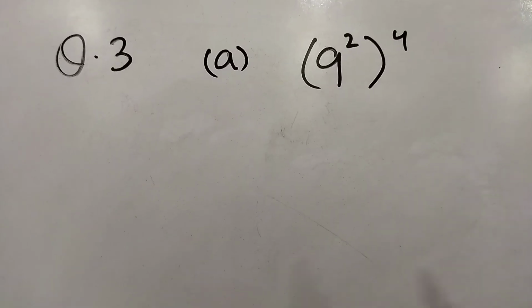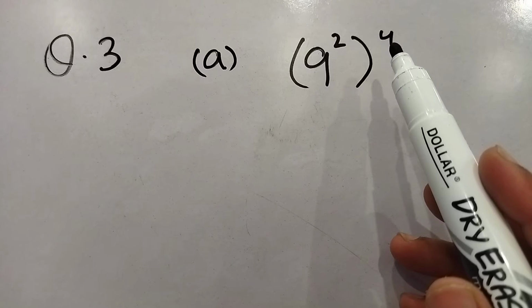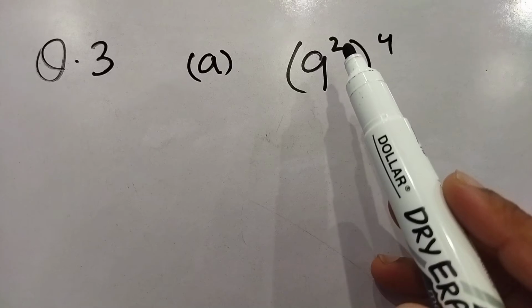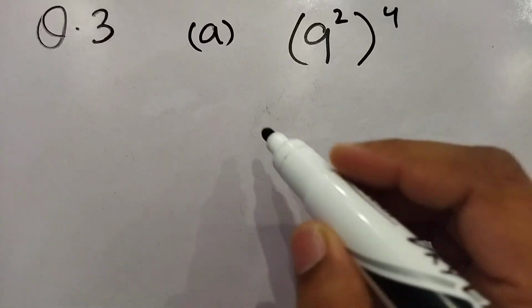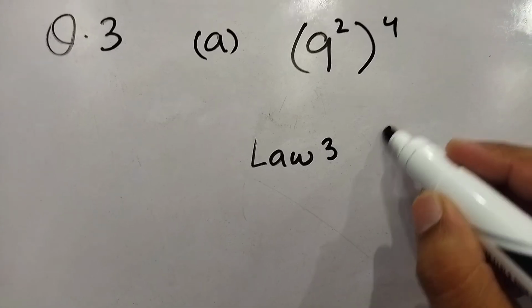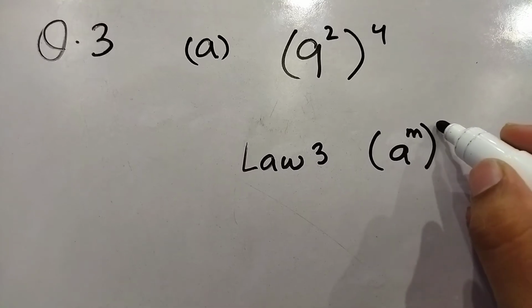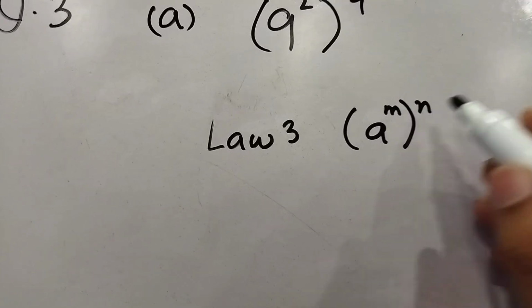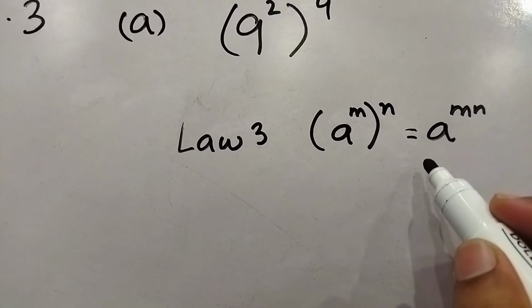Now question number 3, part A says 9 raised to power 2, bracket close, and we have another power 4. So we have two powers on a base, one inside the bracket and the other outside the bracket. When we have such a question, we have to follow law number 3 of indices, which says that when we have a base with a power inside the bracket and a power outside the bracket, we have to multiply these two powers to each other, and then whatever answer we get, we apply it on the given base.